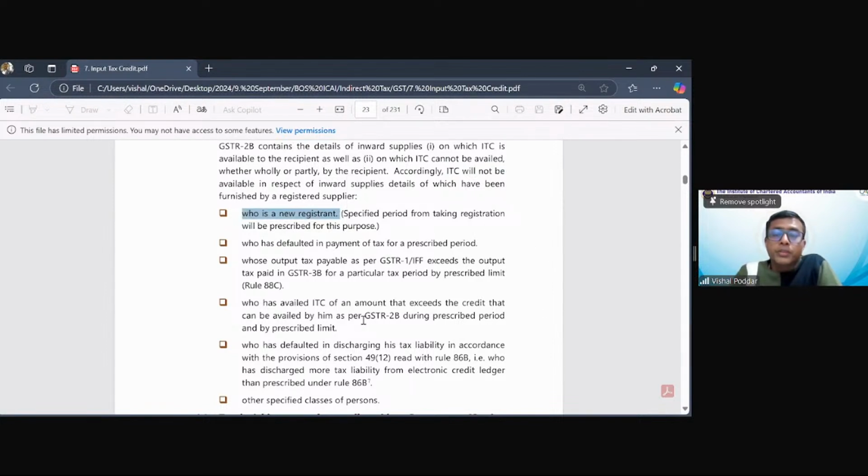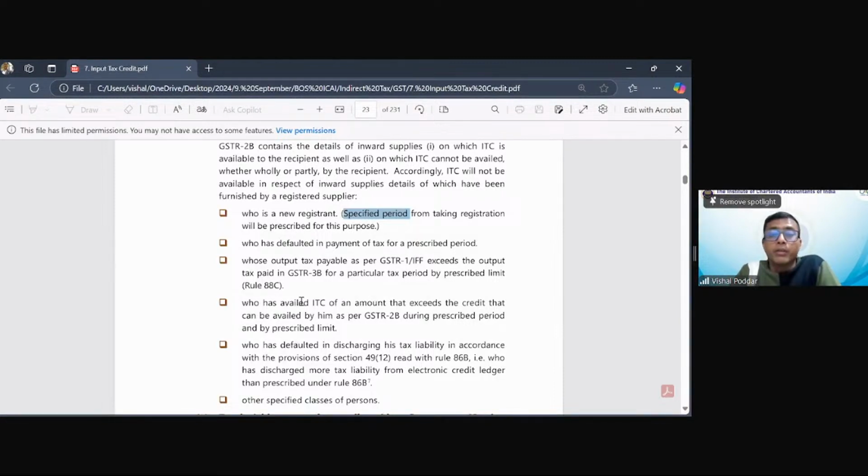Now, the first condition where 38 will restrict your credit is where the supplier has just registered in GST. Then there would be some specified time period. Up to that time period, let us say the first 1 month, 2 months, 3 months, if he is registered for the first 2-3 months, you will not be getting the credit of such a new supplier.